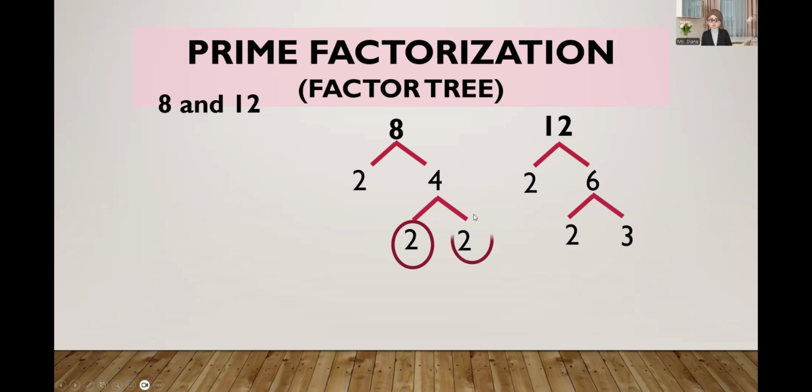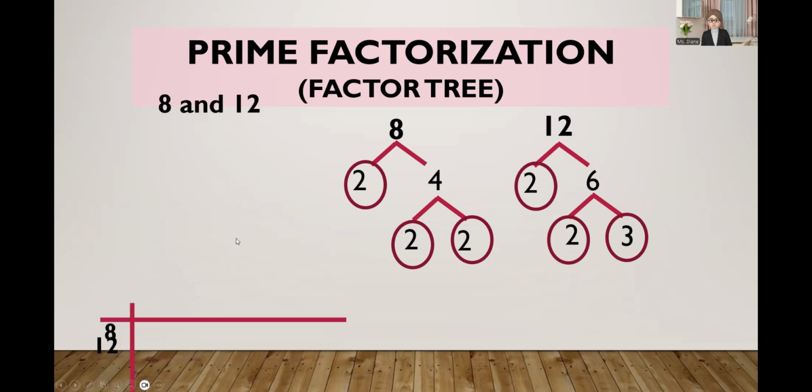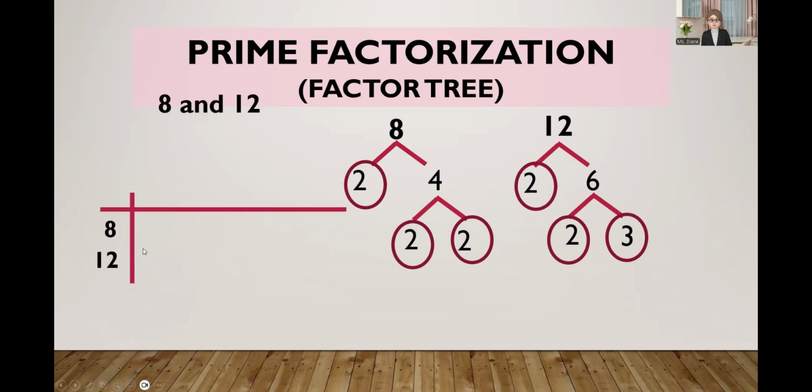Then we encircle all the prime numbers and list them down here. The prime factors of 8 are three 2s. The prime factors of 12 are two 2s and a 3.